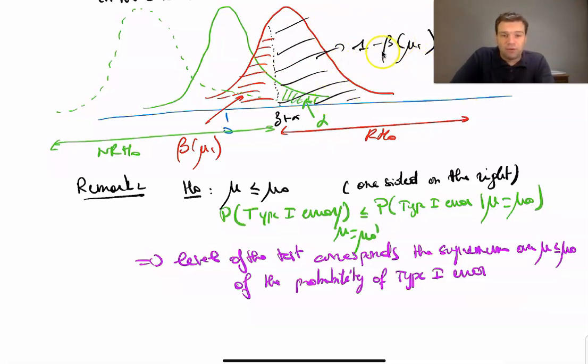The probability of type 1 errors in those cases would be smaller than the probability of the type 1 error computed with this solid curve. The level of the test would always be alpha, but the probability of the type 1 error in reality, if the null hypothesis is true with a mean which is smaller or equal to mu naught, is smaller or equal to alpha.